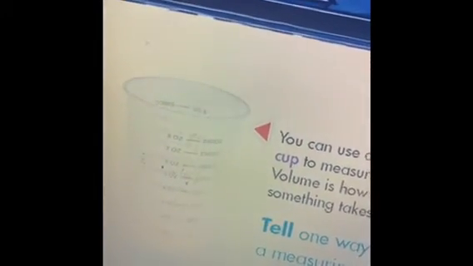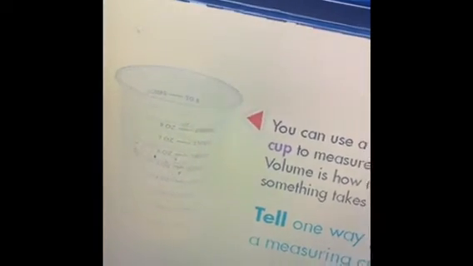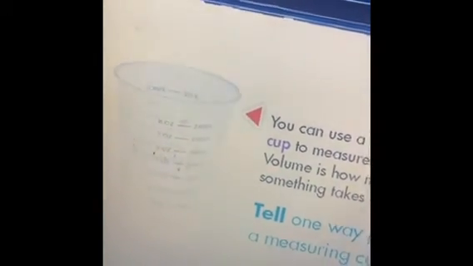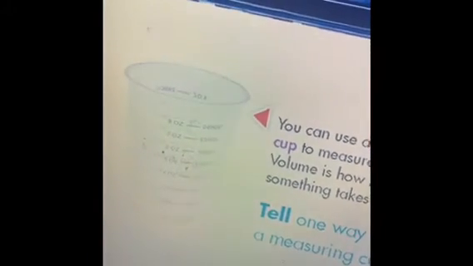The volume of the milk is 100 milliliters. So volume is how much space something takes up, and we can use the measuring cup to measure the volume.